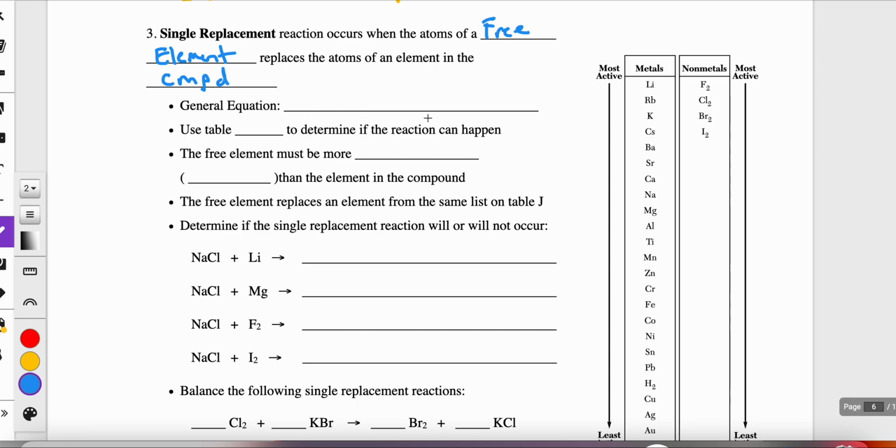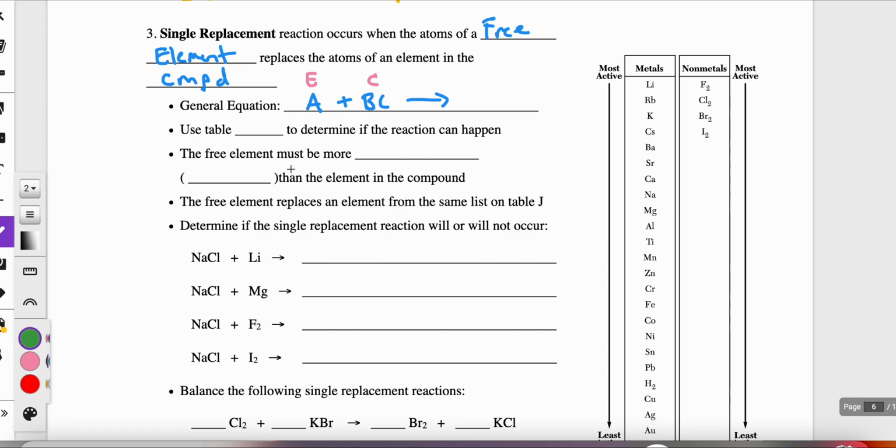So the general equation, if you were to look in a textbook, you would have substance A wanting to react with BC. So in this case, A would represent the element and BC would represent the compound.